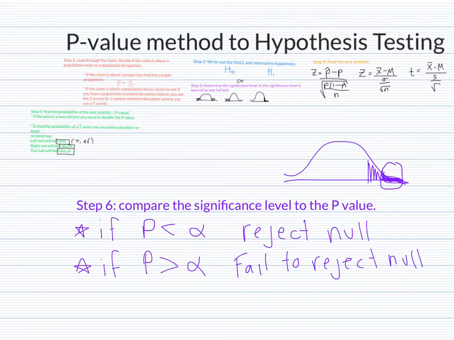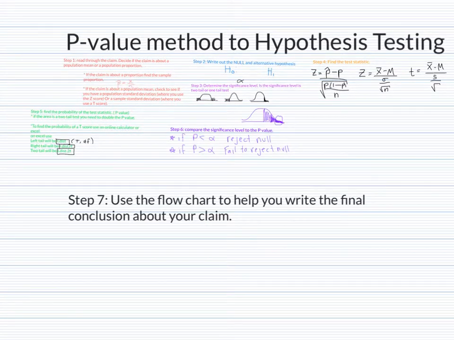So if the probability of our test statistic is less than our actual alpha, then we just reject the null. If it's greater than, that means it would be out here, greater than our critical region, greater than our alpha, so we would fail to reject the null. So the last step, step 7, is to use the flowchart to help you write the final conclusion about your claim.